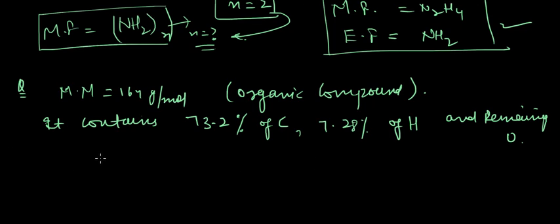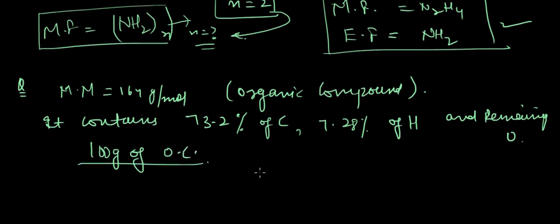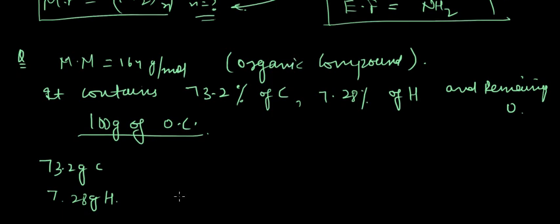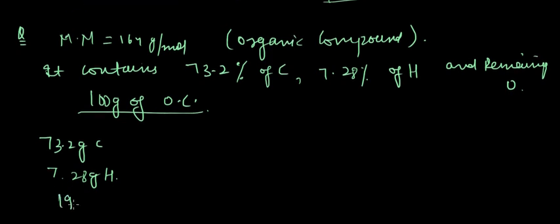Okay, so let's say total 100 gram of organic compound is there, in which 73.2 gram carbon is present, 7.28 gram hydrogen is present, and remaining 19.52 gram oxygen is present.